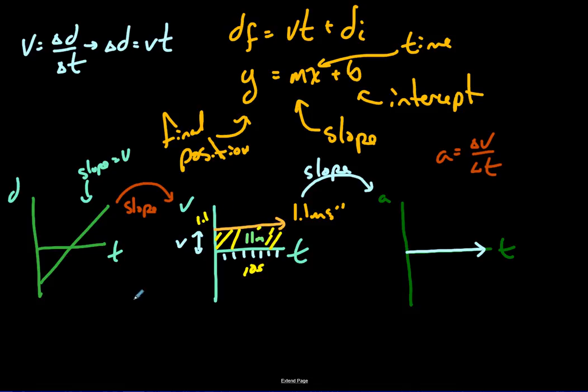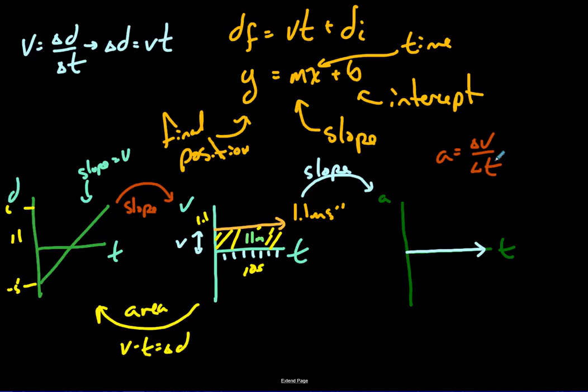So this delta d, this 11 meter change from here to here, is found by multiplying velocity times time. So the area under the velocity time graph equals the change in position, whereas the slope of the position time graph gives me the velocity.